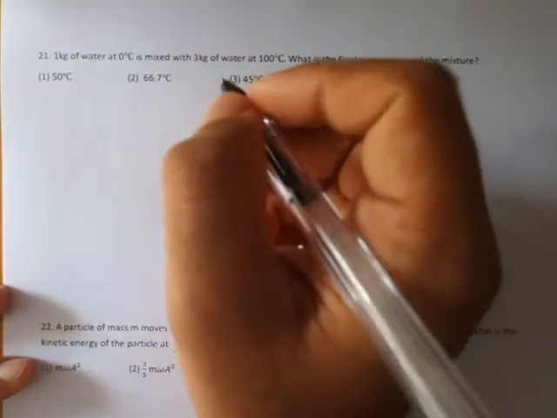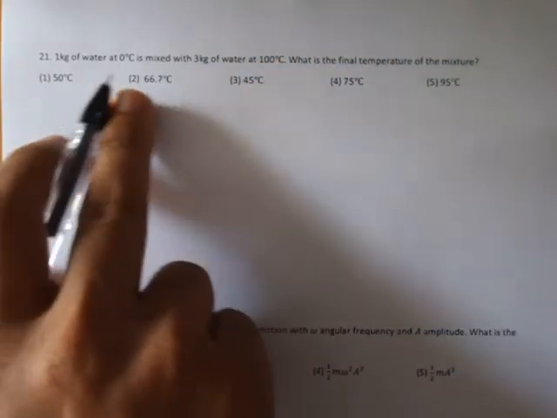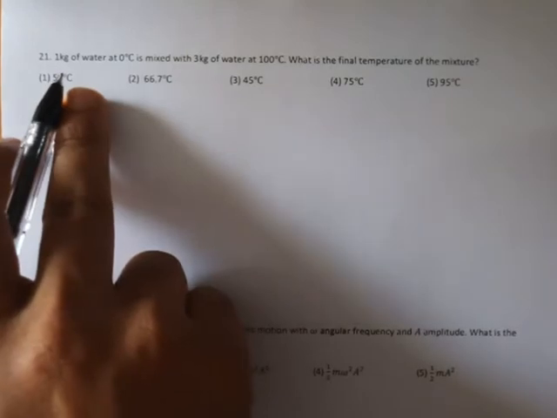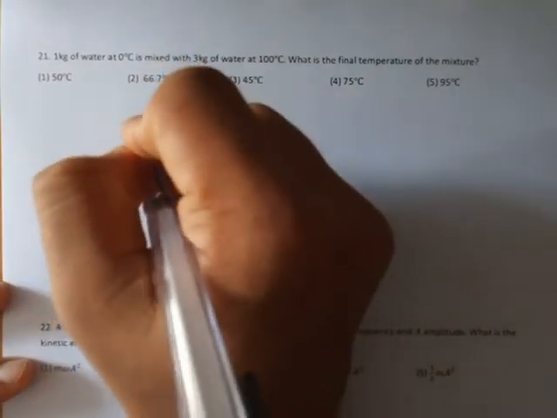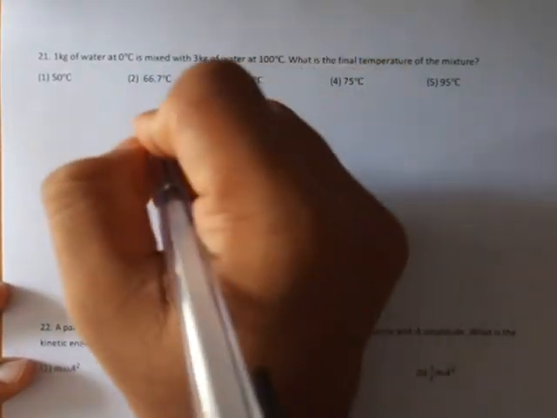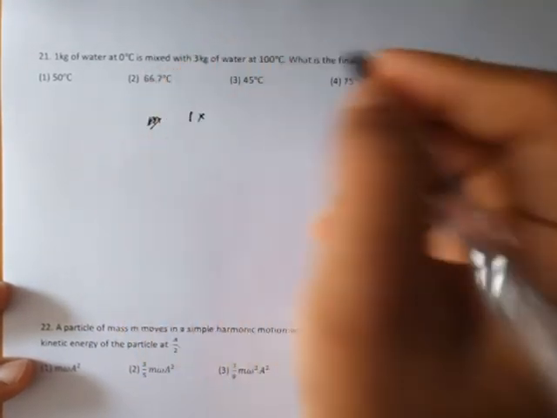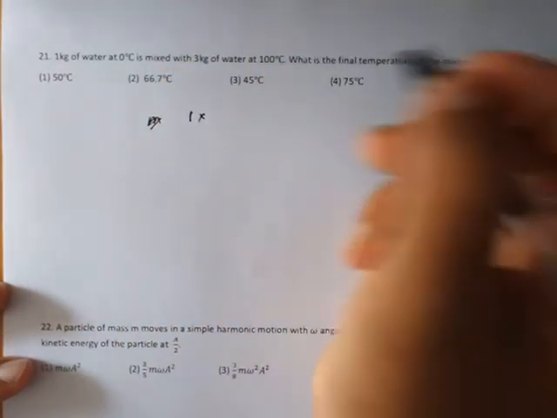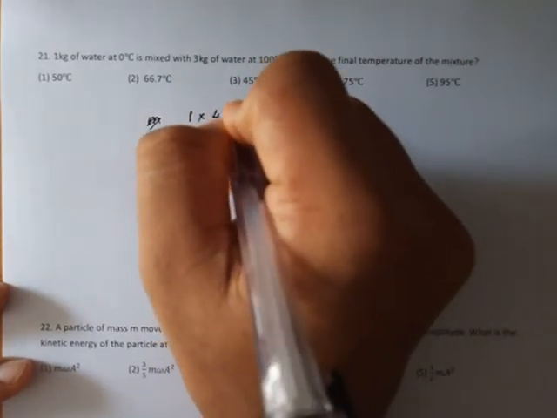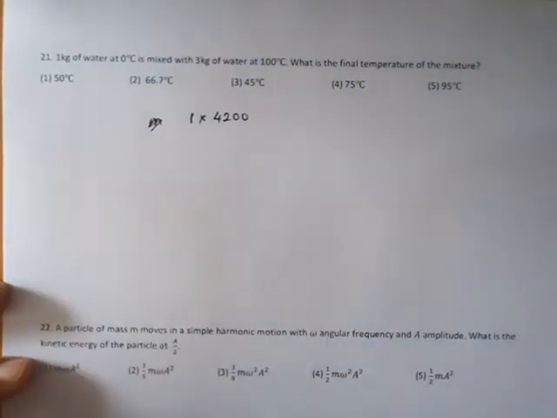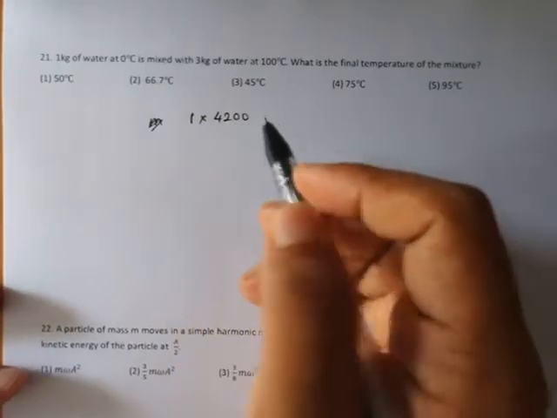So I can write the heat gained by the cold water, that is m, the mass is 1 kilogram, times c. For water we know 4200, right? In fact this value is not necessary.